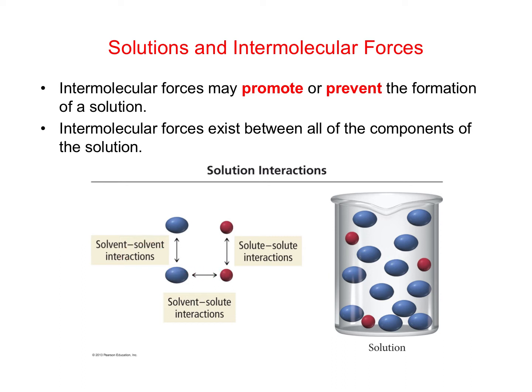And so we typically have, if it's a two-component mixture, three different types of intermolecular forces. And depending on the relative strengths of these, they might help us form the solution or prevent the solution from happening. If the solvent-solvent and solute-solute interactions are very strong, and the solvent-solute interactions are really weak, then it may be the case that we can't form the solution.